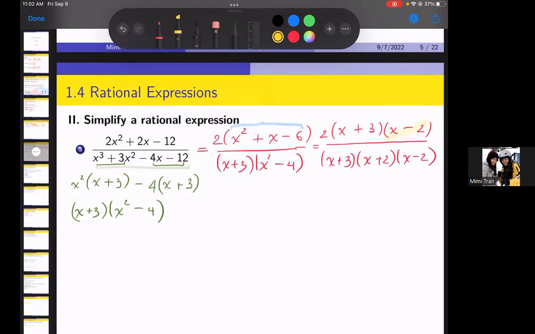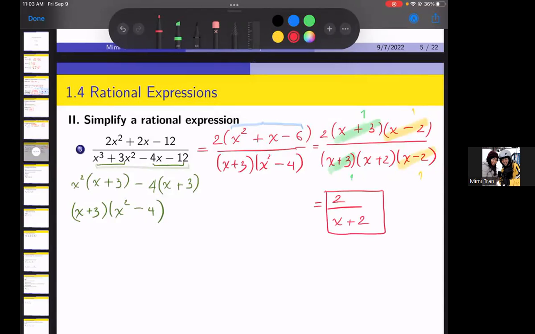I see that, let me make it a little darker. Cancel that, cancel this one. By the way, when I cancel, I mean divide, so 1 over 1, right? Over here it's 1 and 1. So 2 times 1 times 1 is still 2, and x plus 2 times 1 times 1 is still x plus 2.